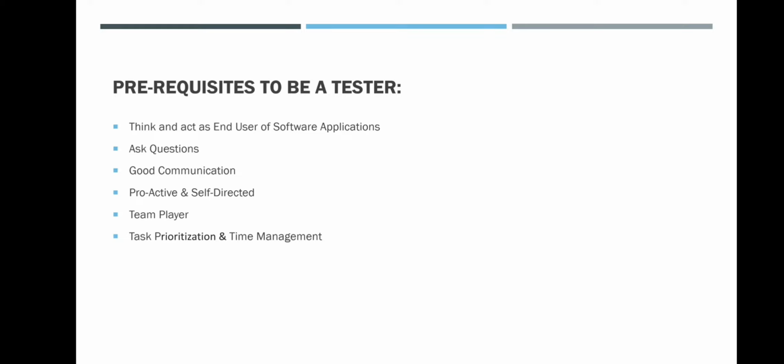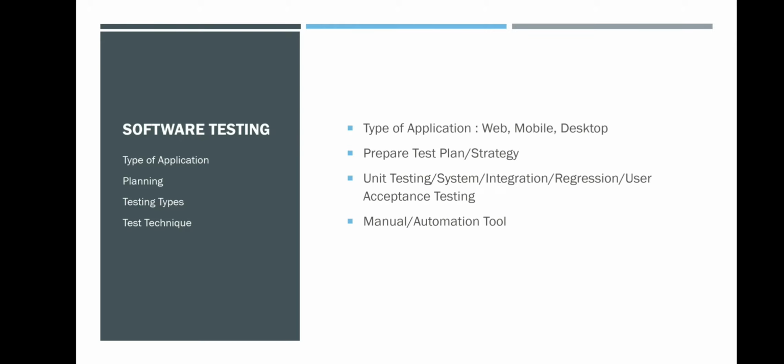You should have good communication, be proactive and self-directed, and obviously, a very important thing is being a team player. Task prioritization and time management also play a big role, because in some cases you can be working on multiple projects, so you need time management and task prioritization skills.